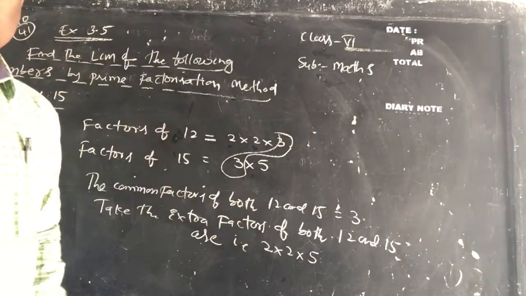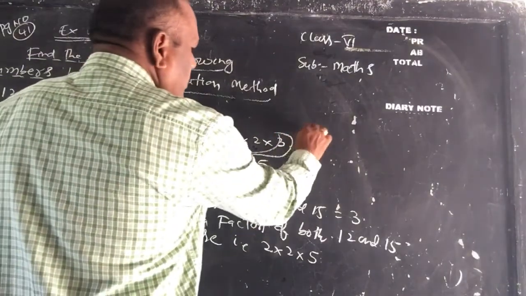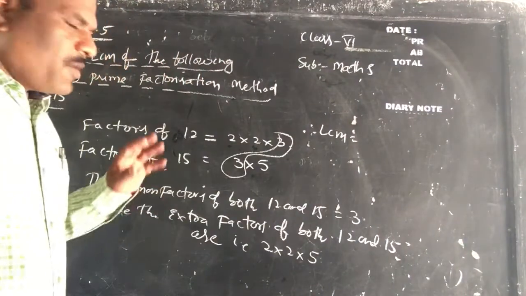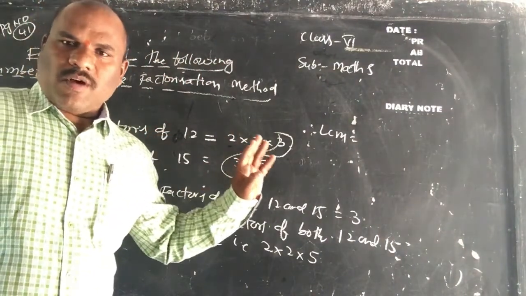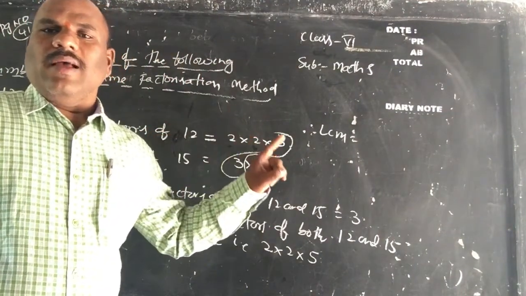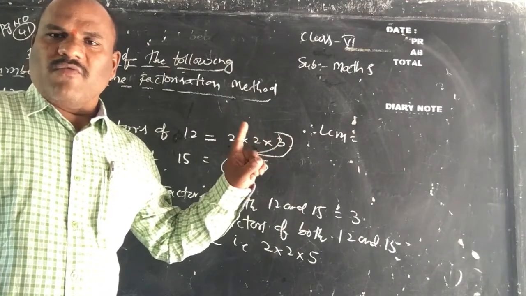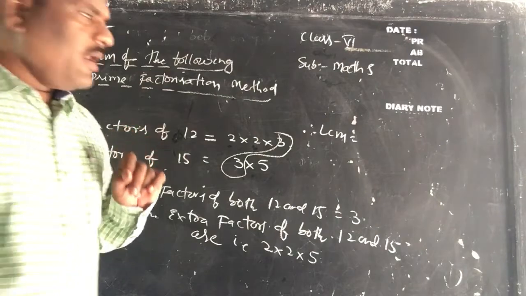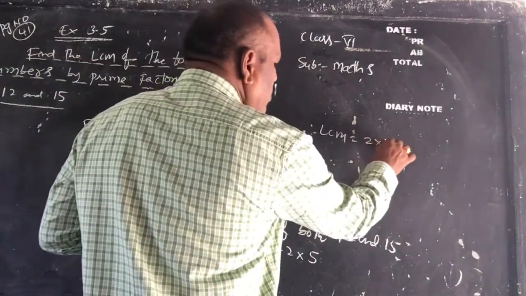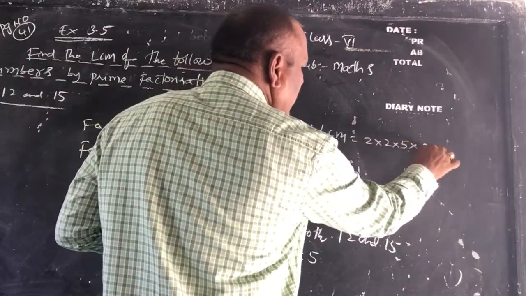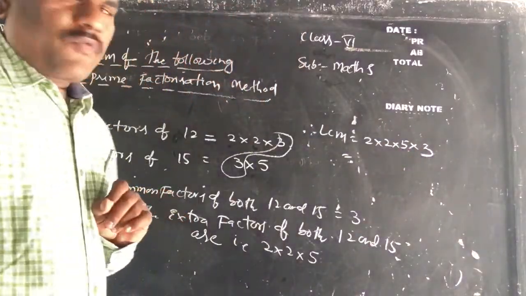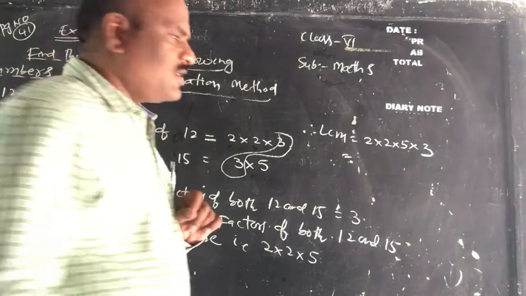Now, therefore, LCM is equal to the product of common factors and extra factors. So here 2 into 2 into 5 into 3: 2 fours are 4, 4 fives are 20, 20 into 3 is 60.